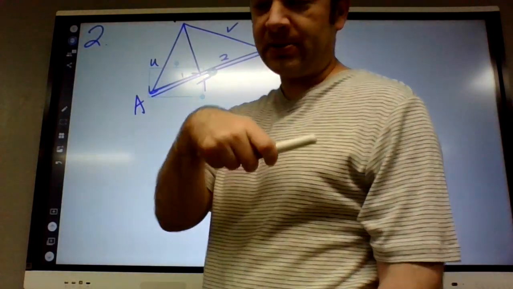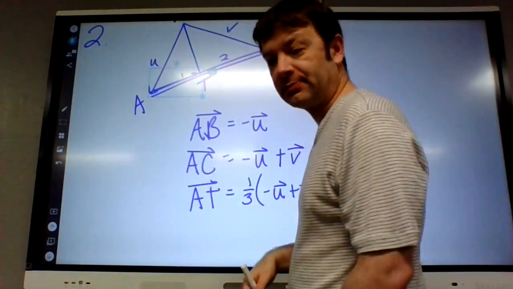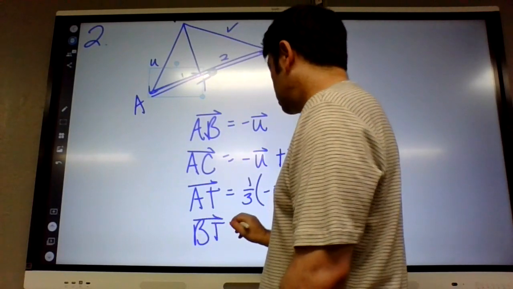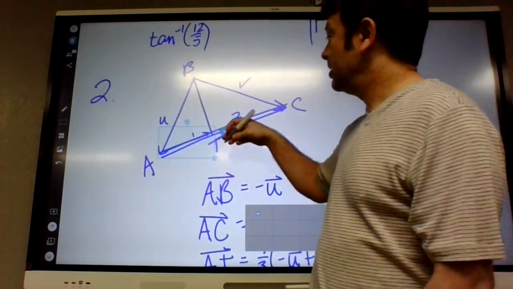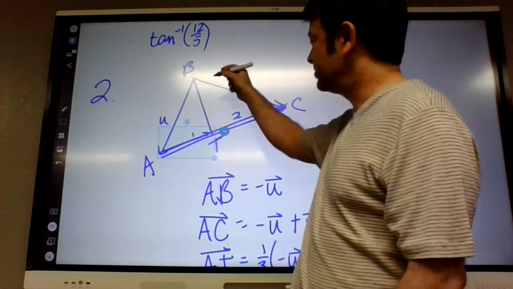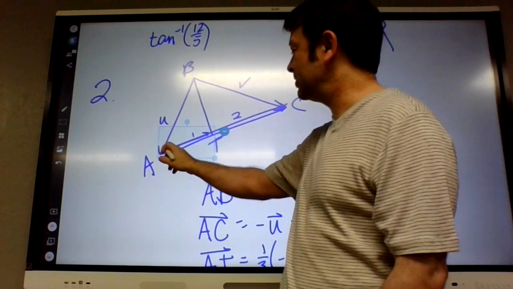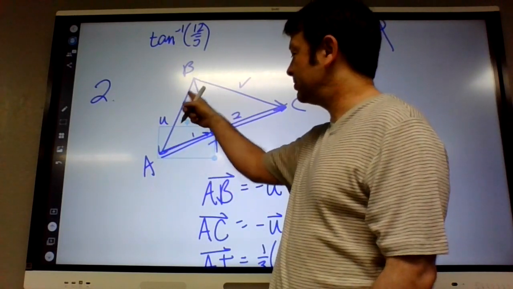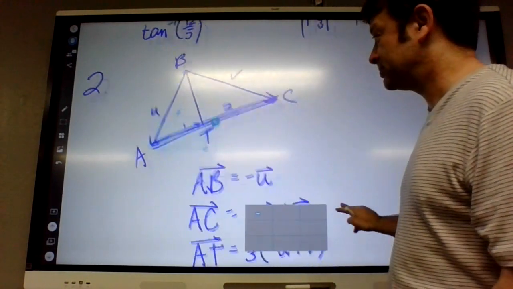Alright, what's the last little trick? BT. So that would go from here to here. So we could do this one plus that one we just did. So u plus that thing.